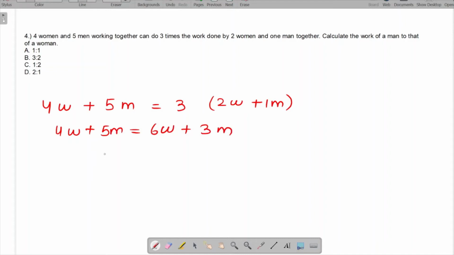On solving this, we will get 2 women equals 2 men. So the ratio of man to woman will be 1:1, which is our option A. So the answer for this question is option A.